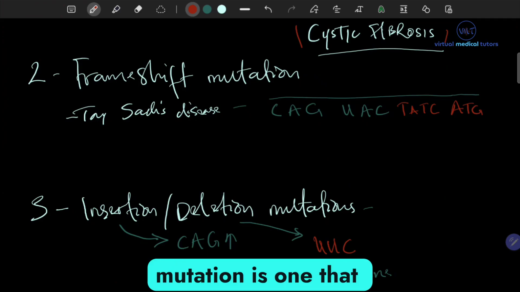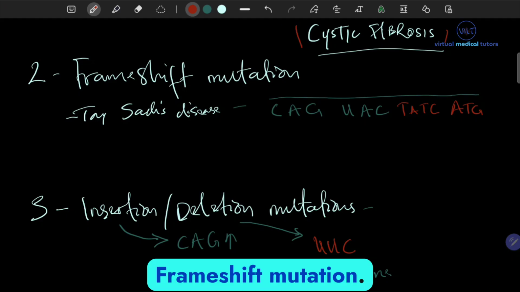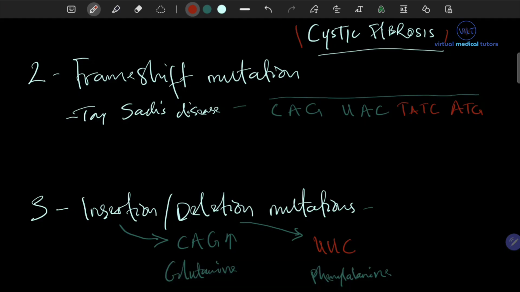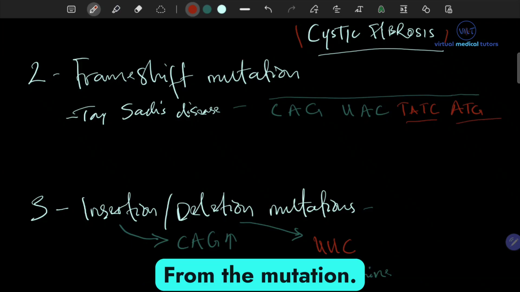Another type of mutation is one that happens with Tay-Sachs disease. It's called frame shift mutation. Here, there's insertion of a 4-base pair that leads to a shift in the reading frame of the mRNA fragment, altering every codon after the mutation.